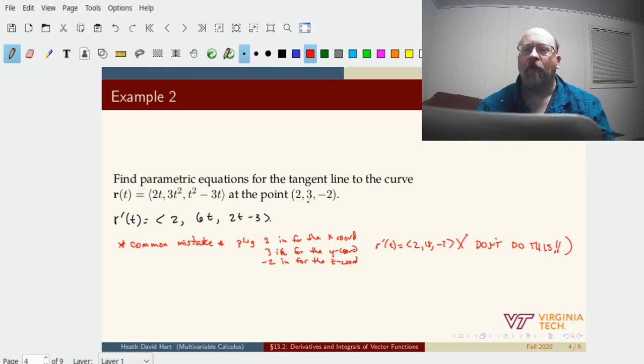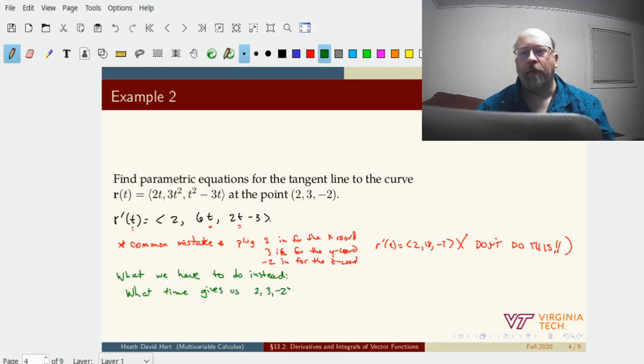And here's why it's wrong. What you're saying is that the time is 3, and you're also saying that the time is negative 2. This t and this t are the same variable that comes from over here. What we have to do instead is figure out what time gives us 2, 3, negative 2.